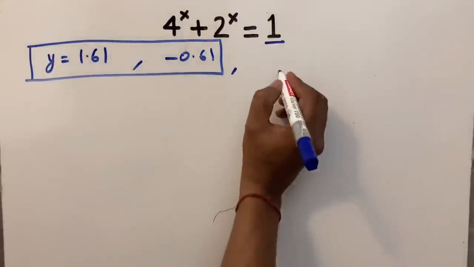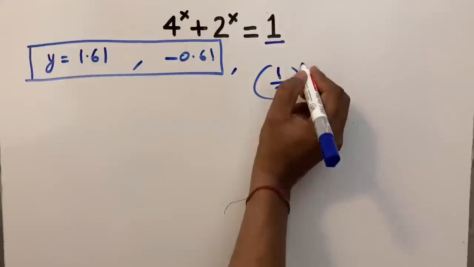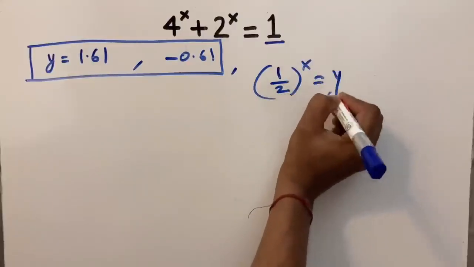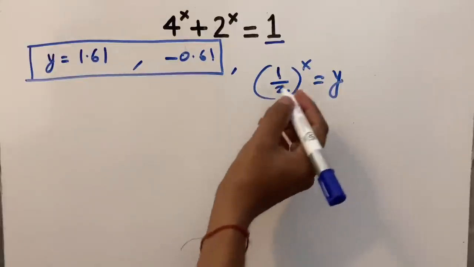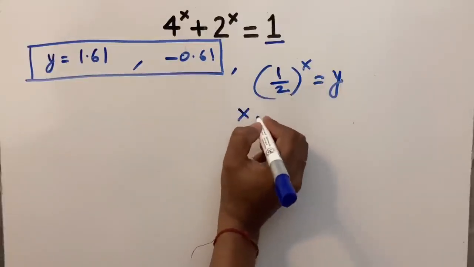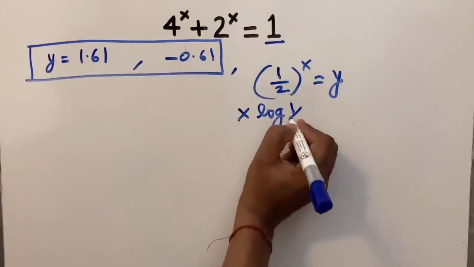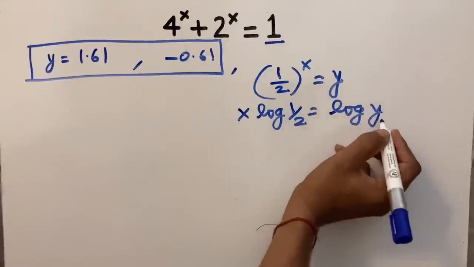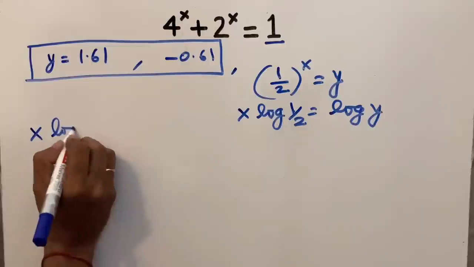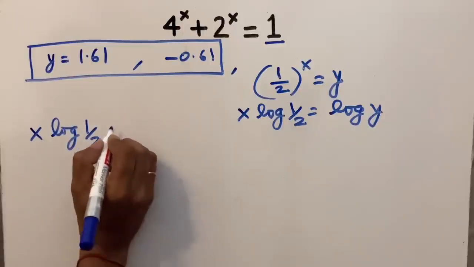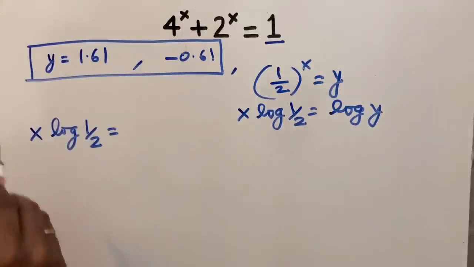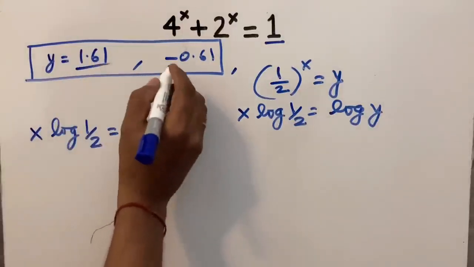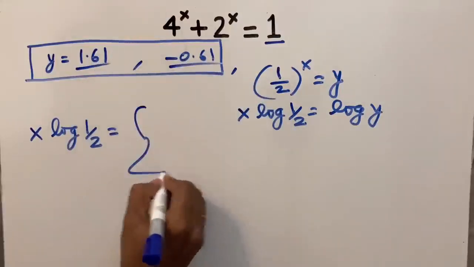As we assumed that 1 by 2 to power x equals to y, take log on both sides, so it becomes x log 1 by 2 equals to log y. We have two options for y, that is 1.61 and minus 0.61.